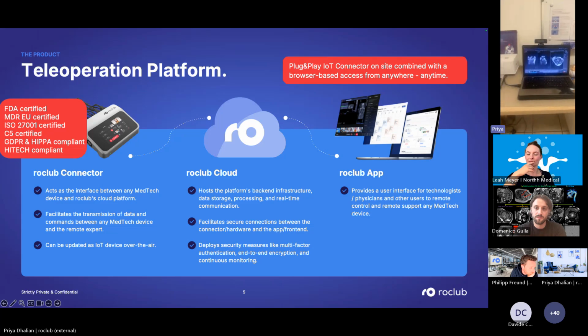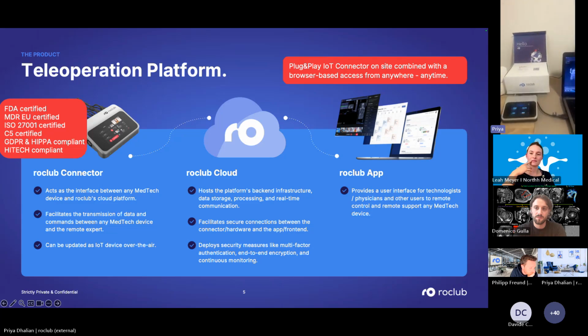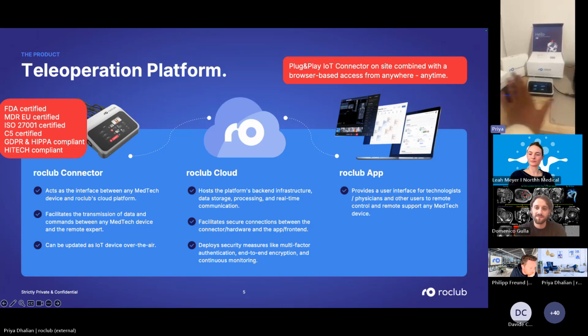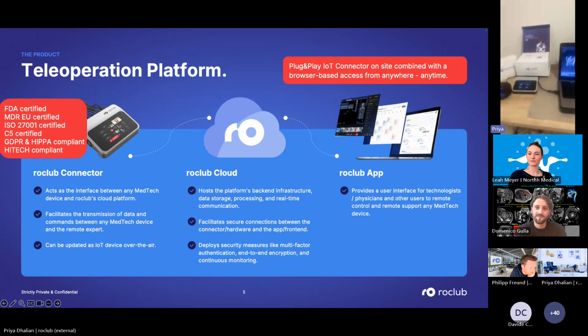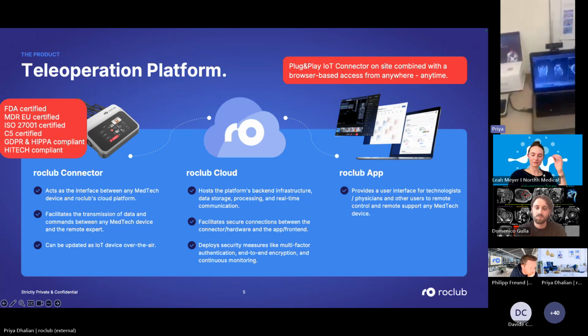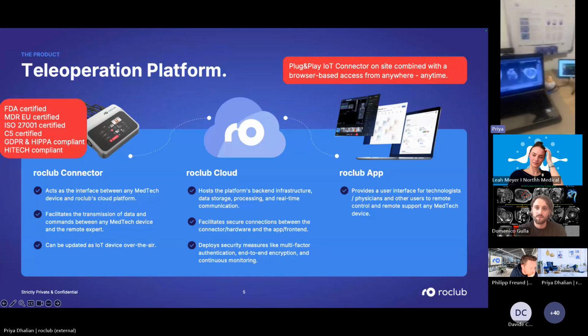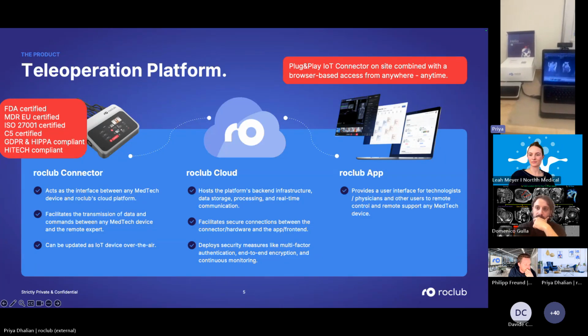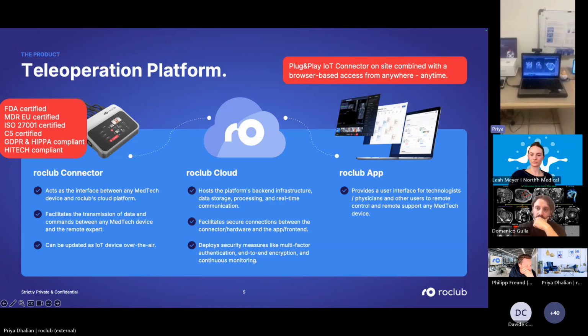So in an ideal world, this is what the setup would look like. It'll take very minimal desk space next to your MRI desk. And all of this equipment that you see here comes as part of the package with the roclub solution. So this is everything that will be next to your MRI scanner where you are performing the examination.